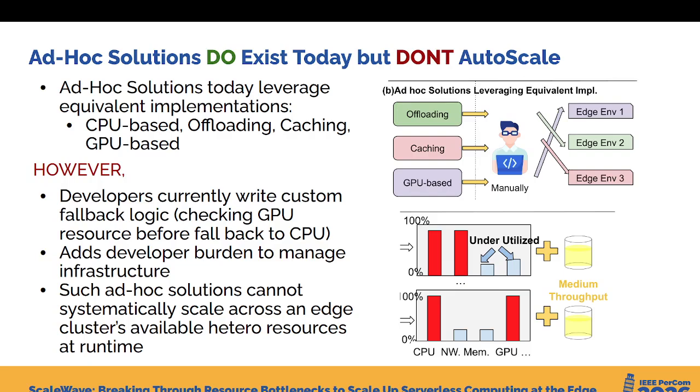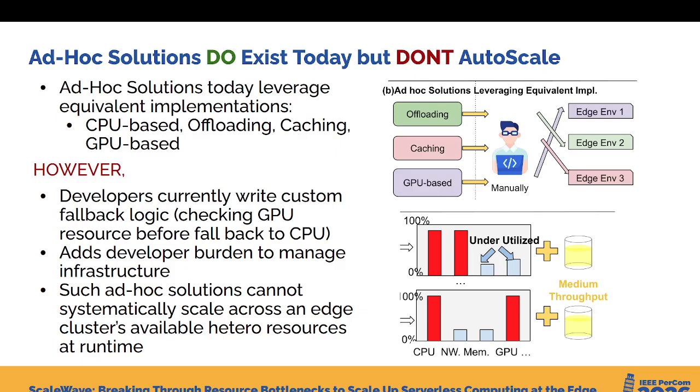We observe such equivalent implementations already exist at the edge today, and some examples include edge to cloud offloading, where a compute limited edge node sends tasks to the cloud using the network bandwidth. Similarly, caching systems such as CDNs, which rely on memory instead of CPU or GPU computation cycles, and hardware specific implementations such as GPU accelerated versions.